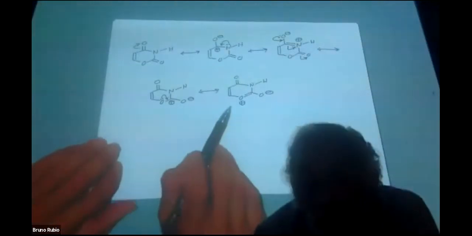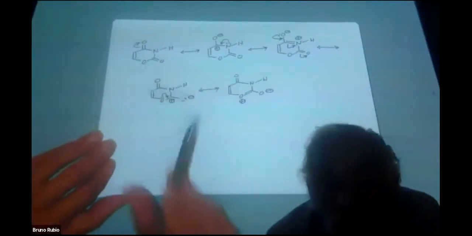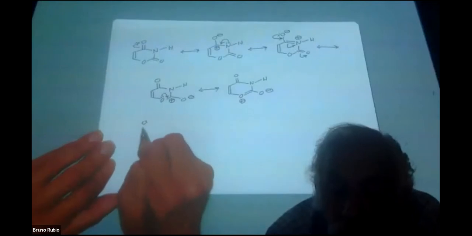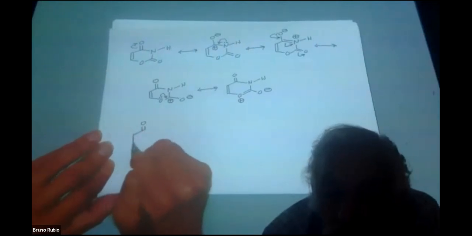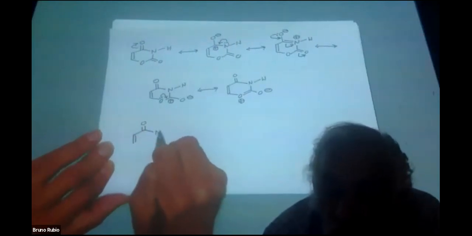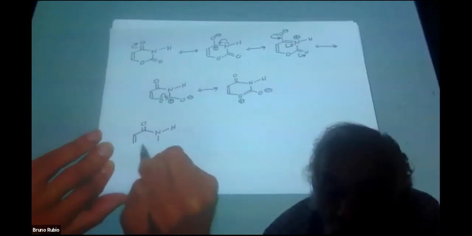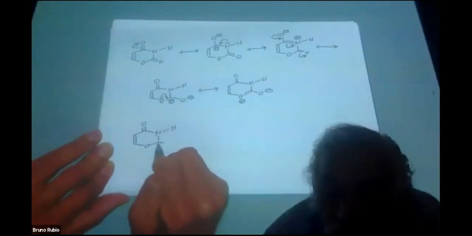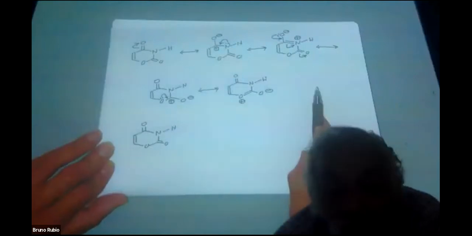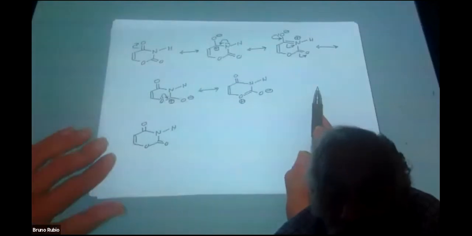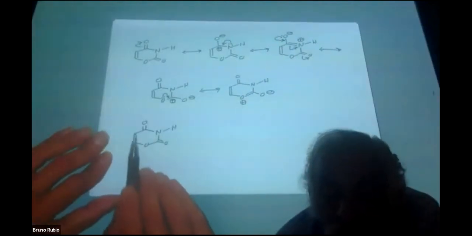So what I'm going to do is go back to my original and come up with another resonance structure from the original. Right? You don't have to write the next resonance structure from the last one you just wrote. That is always possible, but it's not necessary. So now I want to get this double bond into play here.